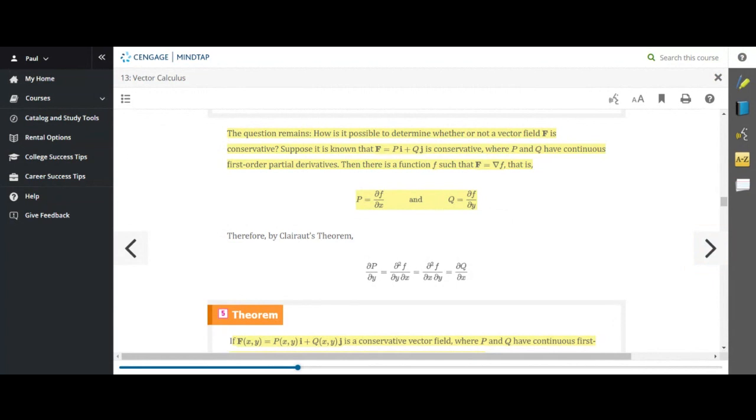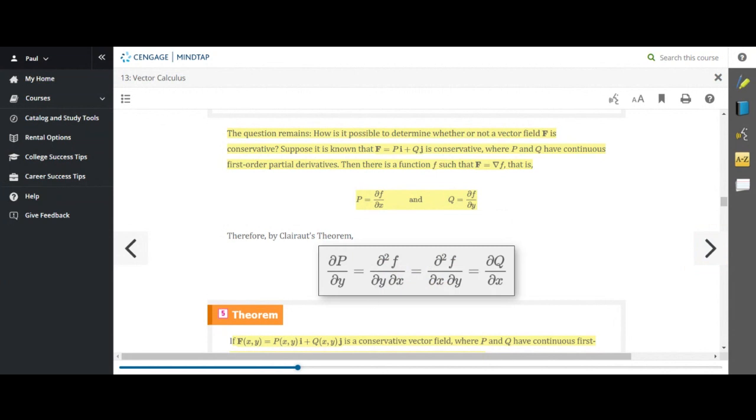So if you have a function f whose partial derivative with respect to x is P, and partial derivative of f with respect to y is Q, then by Clairaut's theorem, the partial derivative of P with respect to y would equal the second partial derivative of f with respect to x then y. But by Clairaut's theorem, that equals the second partial derivative of f with respect to y then x, and that's just equal to the partial derivative of Q with respect to x.